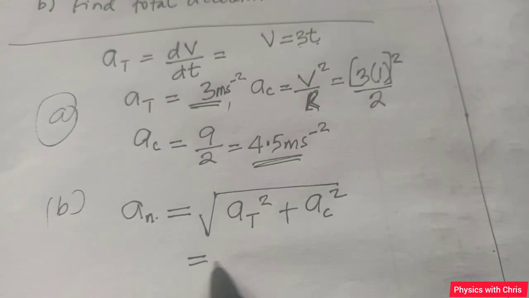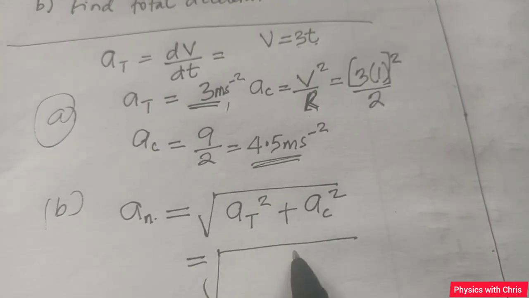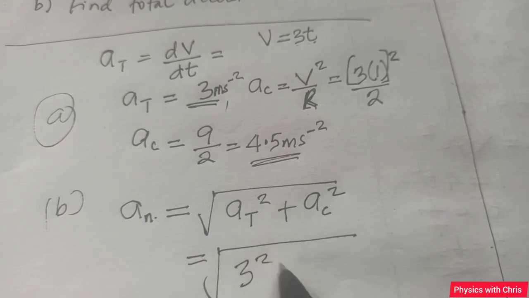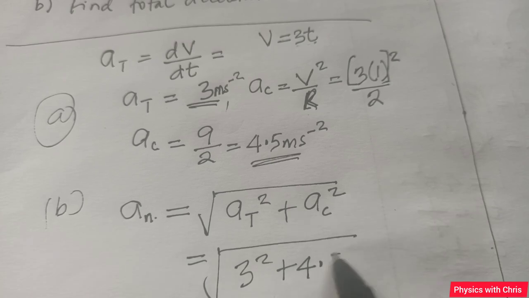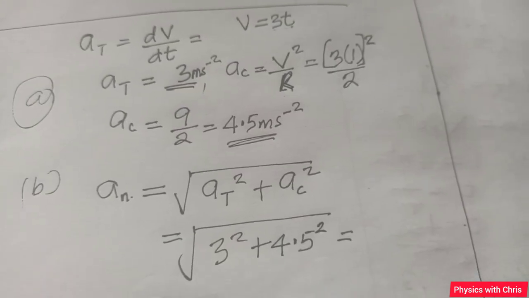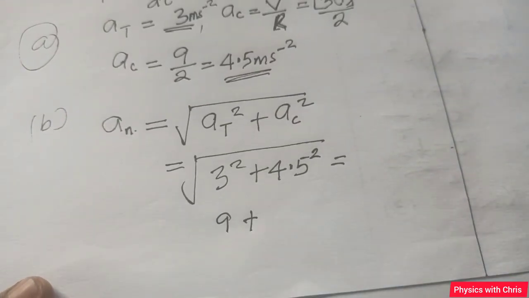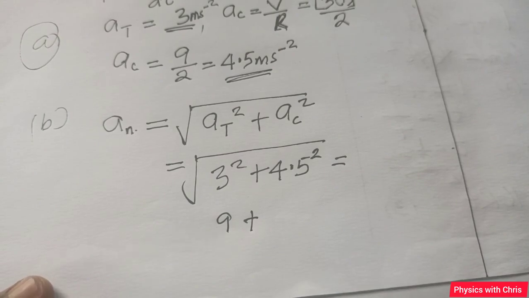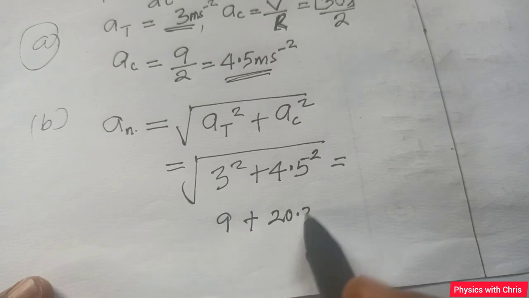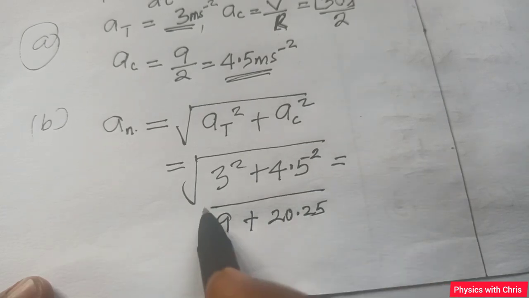So that will give us the square root of 3 squared plus 4.5 squared. I have to apply my calculator here to compute this before I give the final answer. That gives me 9 plus 4.5 squared, that is 20.25.